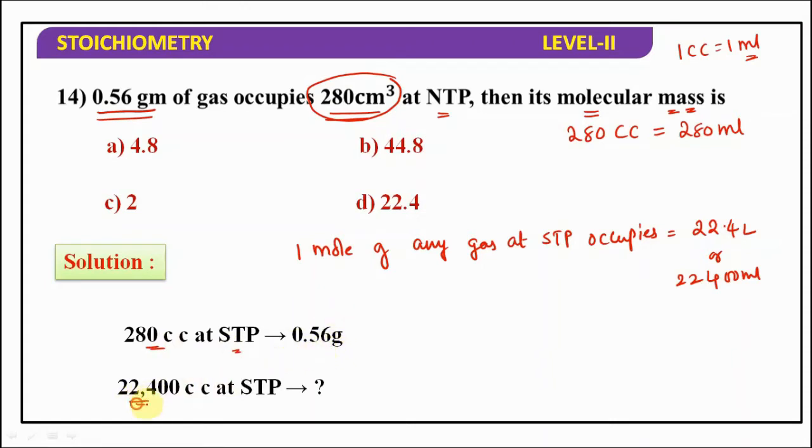And 22,400 ml at STP weighs how much? That is its molecular mass. Understood? So do the cross multiplication: 22,400 into 0.56 divided by 280. If you do it, you'll get the answer 44.8. That is the molecular mass of that particular gas. Understood?